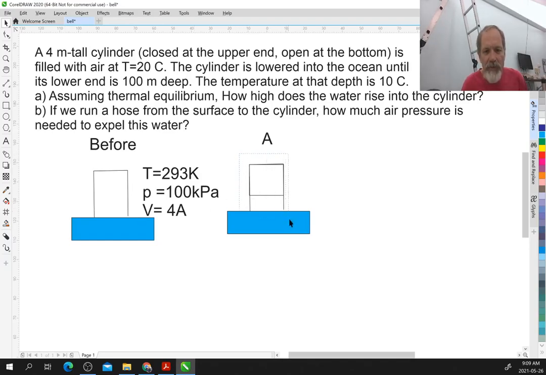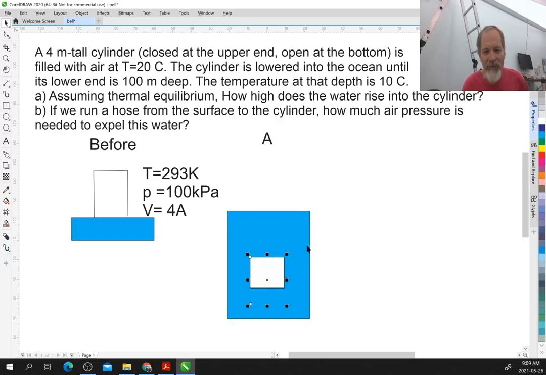Okay, so my new situation is going to be full of air, right? But it's not, and we're going to be going into my water way down here.